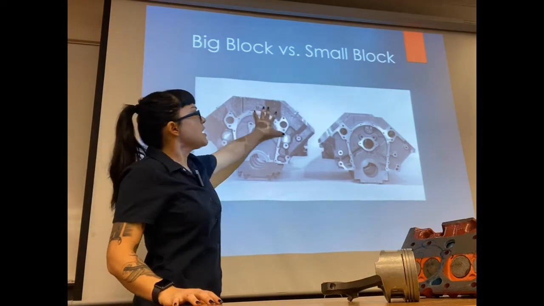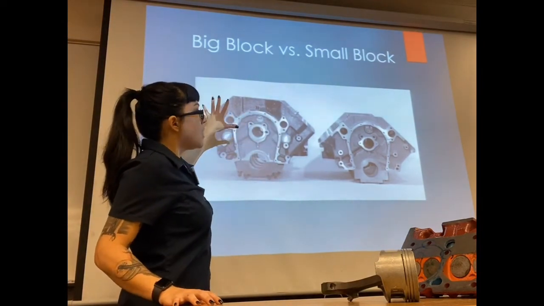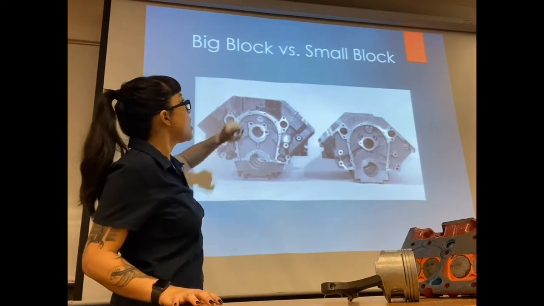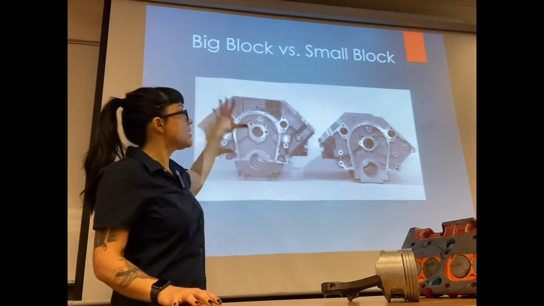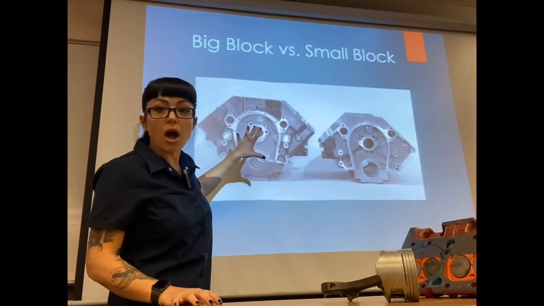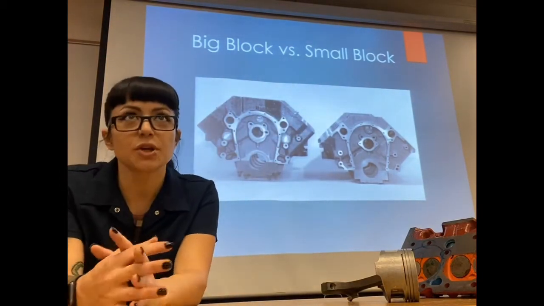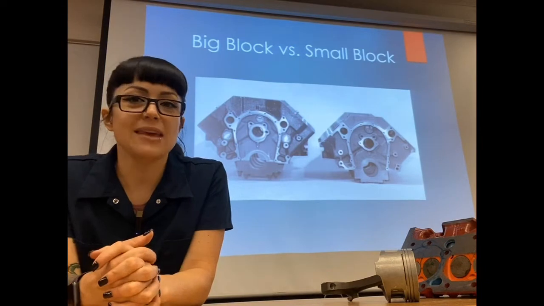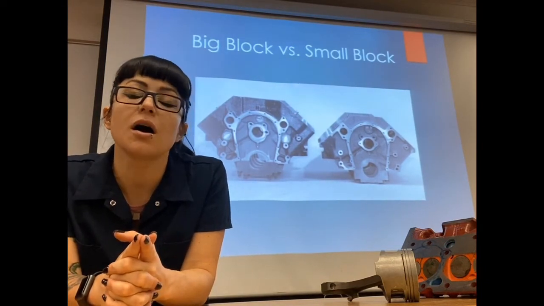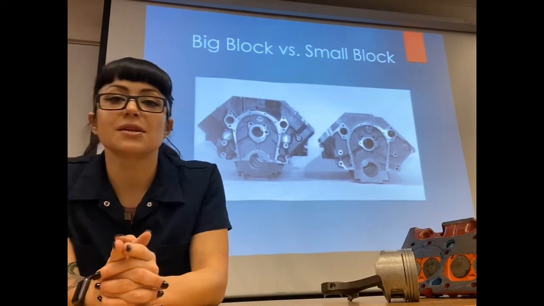But our rotating assembly inside of our engine block is essentially going to be considered either a big block or a small block. A big block is a physically larger block than a small block. With certain manufacturers, there's a general rule of thumb: anything in excess of 400 cubic inches is considered big block, while anything under 400 cubic inches would be considered small block.